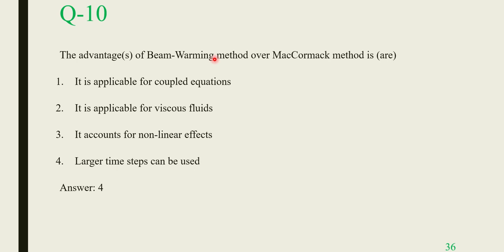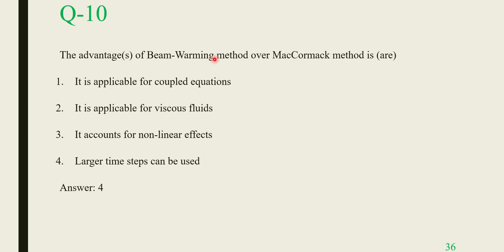To answer this question, we'll quickly recollect what we have learned about the beam warming method and the McCormick method, so that it would be easy for us to identify the advantage of the beam warming method over the McCormick method.